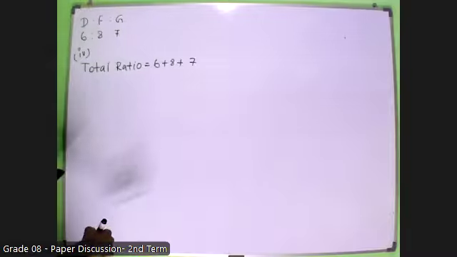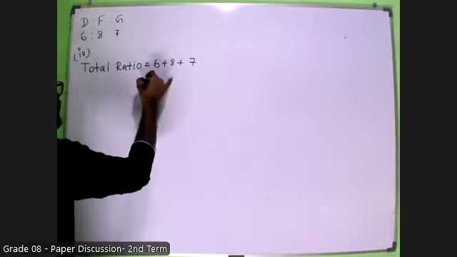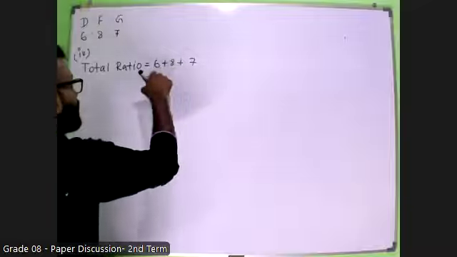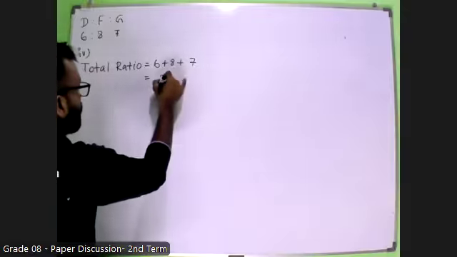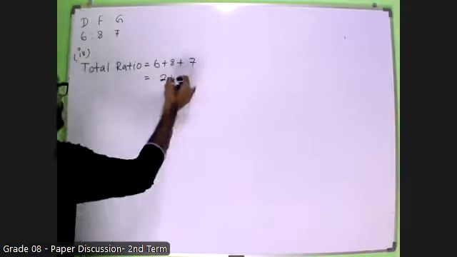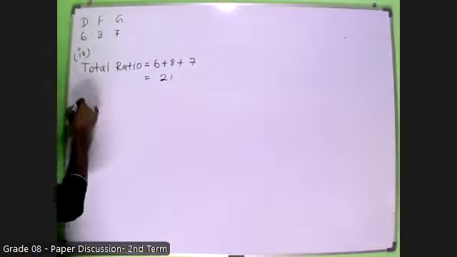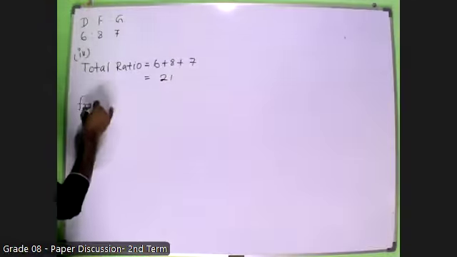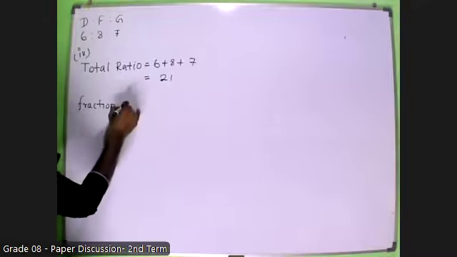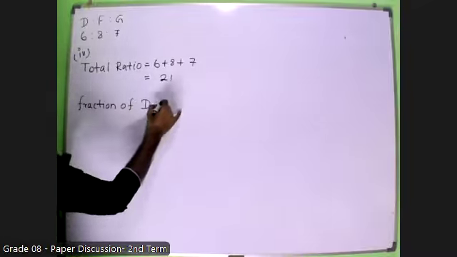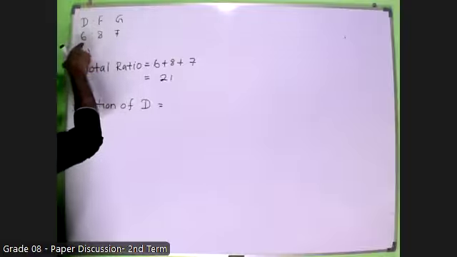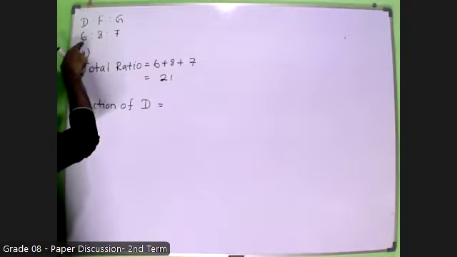So altogether you will get 21. You need to find the fraction of, if you can remember, fraction of dealing. What is the fraction part of dealing?